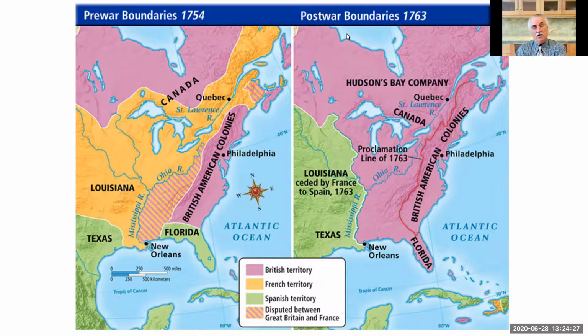The French withdraw. And now the control of the North American continent, at least as far as the Europeans are concerned, is down from 3 to 2. And the last two contenders are English, the English government and the English colonies in the pink, and the Spanish colonies in the green.